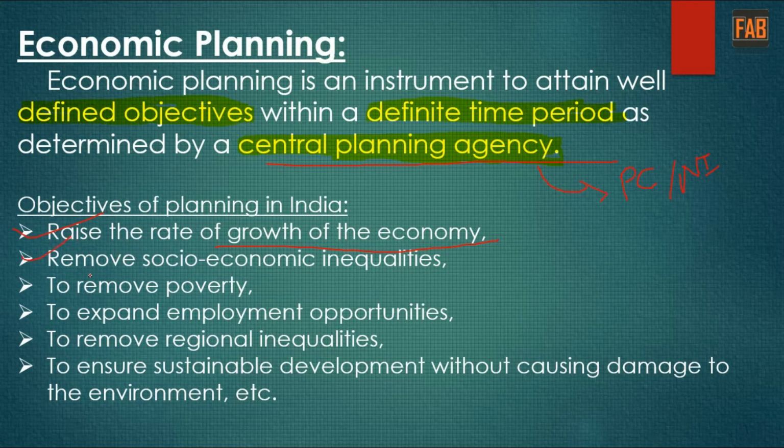Second, remove socio-economic inequalities. Then, to remove poverty, to expand employment opportunities, to remove regional inequalities, and to ensure sustainable development, that is, development that doesn't cause damage to the environment.